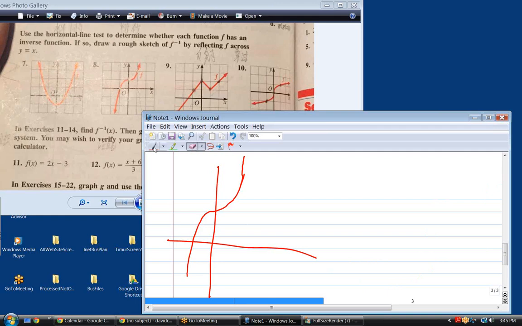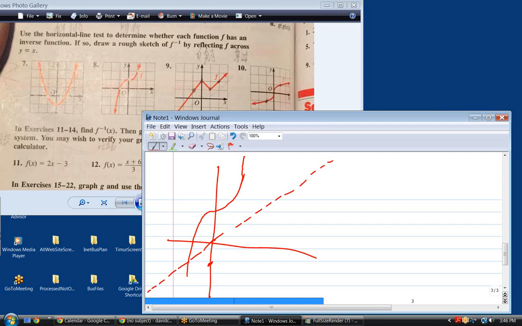Okay, let's look at what the inverse would look like. Well, let's draw our y equals x line. And the way you make inverses of these is you mirror it about that line. Okay, so this point right here becomes over here. It's always a little difficult for me to do these conceptually in my head.